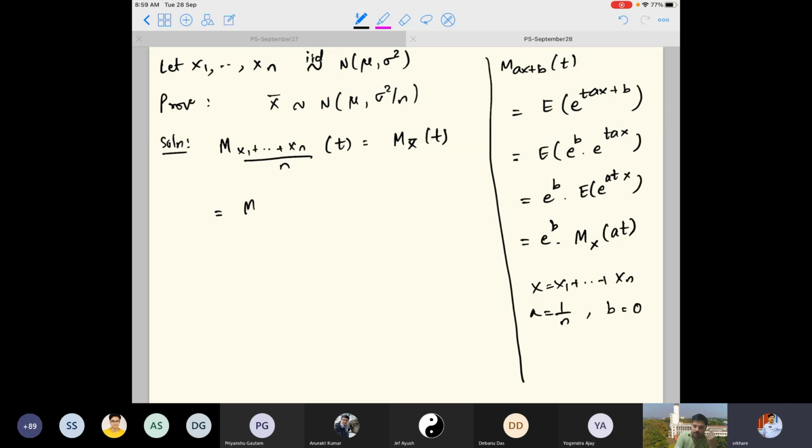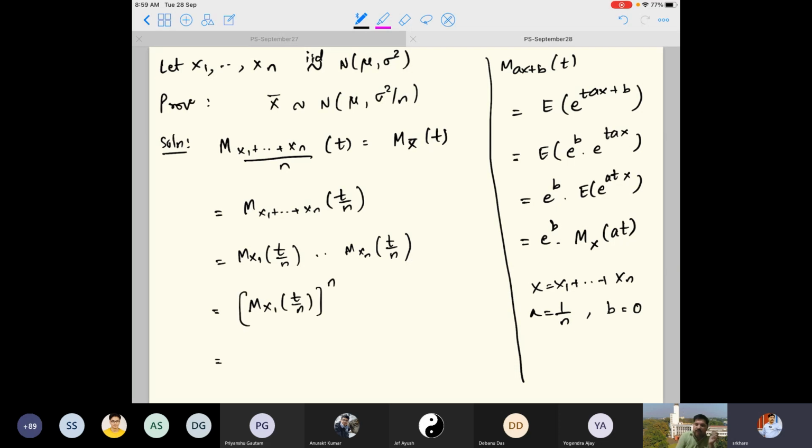You have M of x1 plus x2 plus ... plus xn at t by n. Do you all agree? And this is nothing but M_x1 at t by n, and so on, up to M_xn at t by n, right? But you are given x1, x2, ..., xn are IID, so this is basically M_x1(t by n) to the power n.